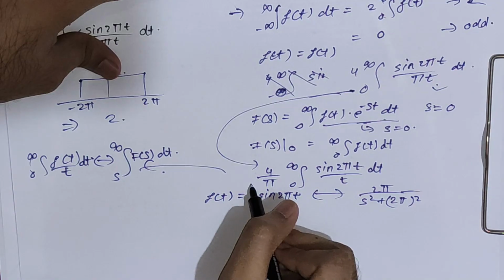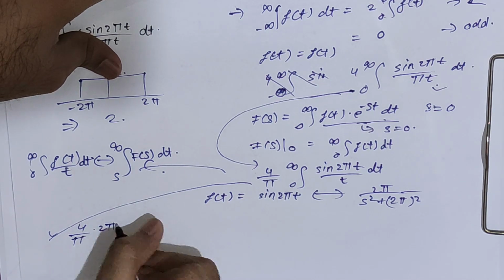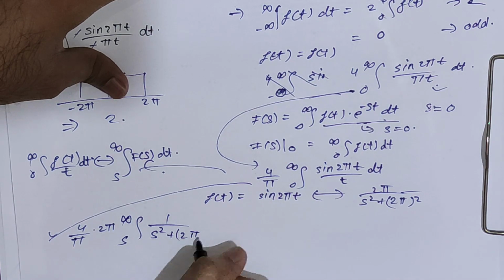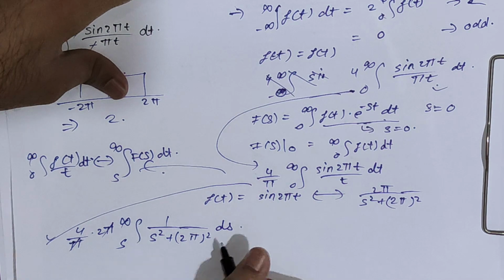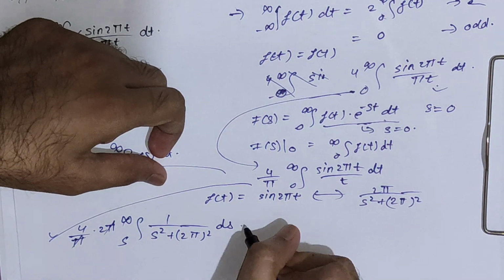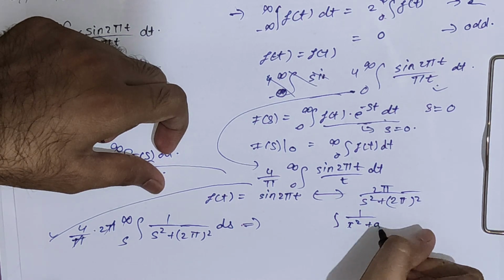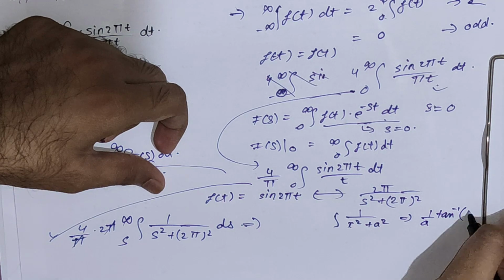So now this integration will change to 4 by pi into 2 pi, the integral from s to infinity of 1 upon s square plus 2 pi the whole square into ds. Okay, this pi gets cancelled, and now to solve this integration we know the formula, that is 1 upon x square plus a square integrates to 1 upon a tan inverse of x by a, right?